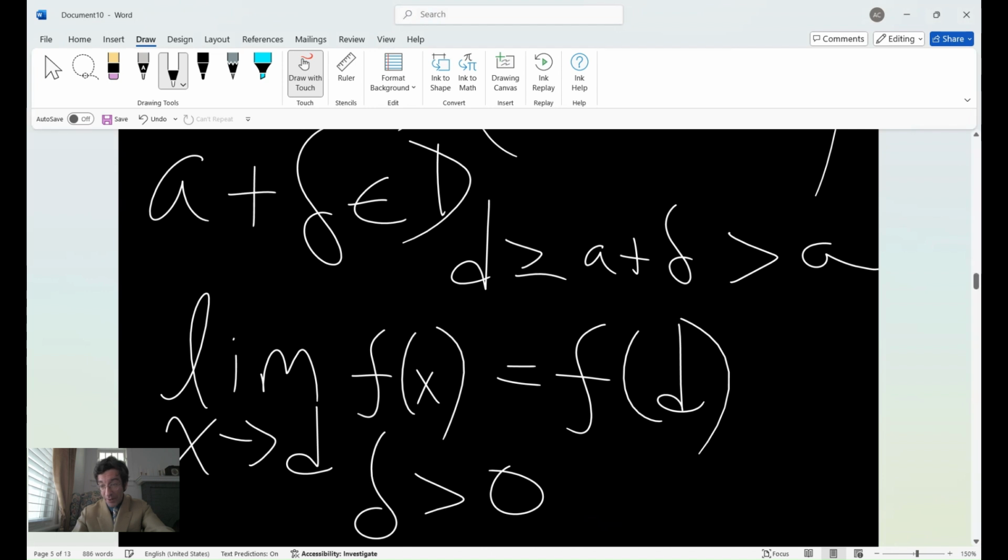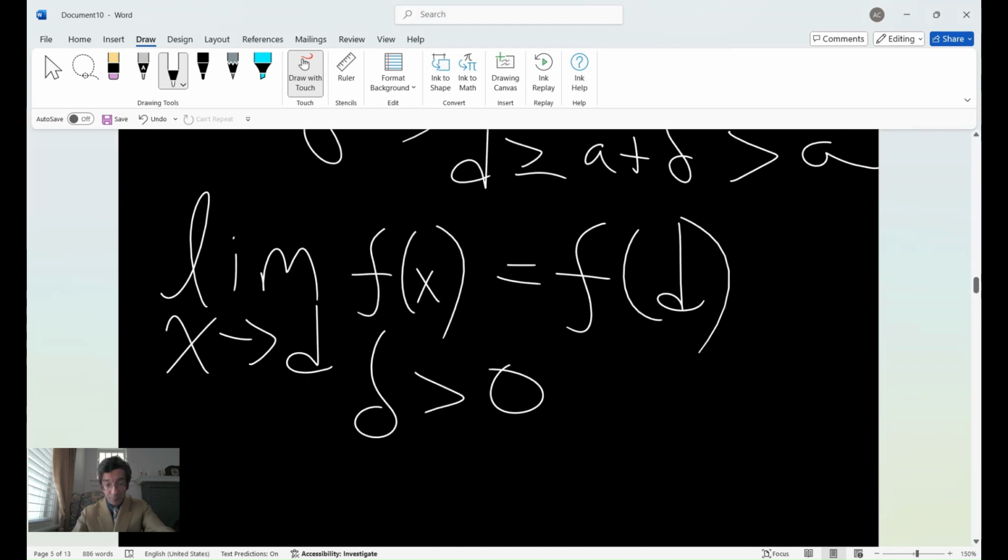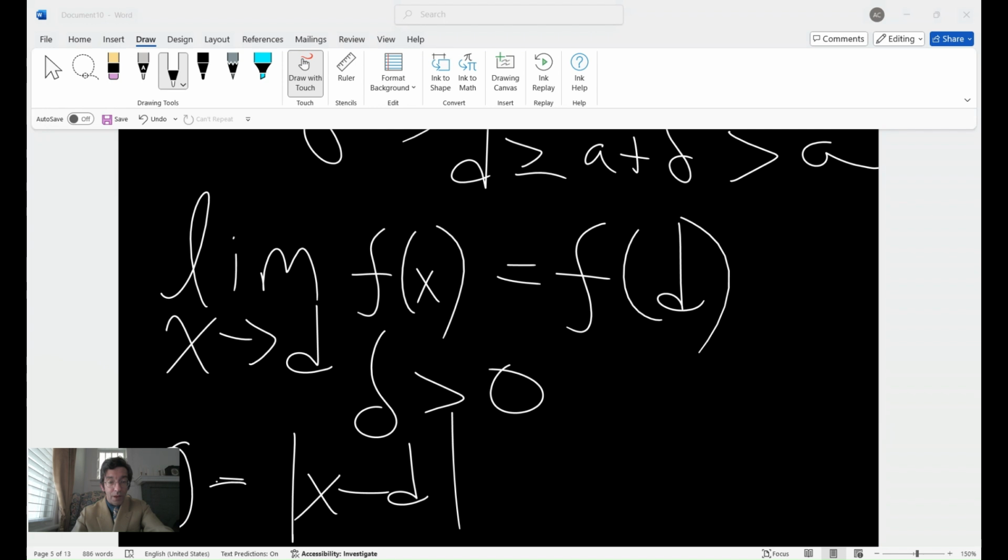And then we could just write it as: 0 is less than or equal to the absolute value of x minus d, and that's going to be less than delta.